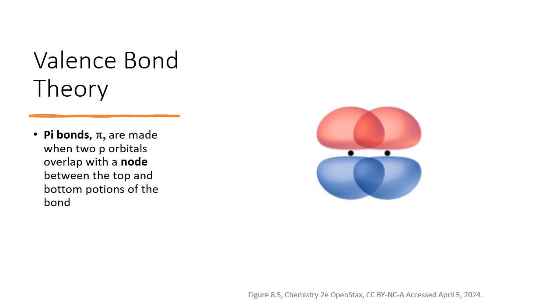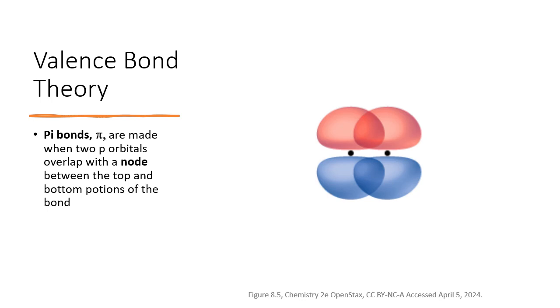The node is a plane going across the axis between the two nuclei, the bonding axis. The electrons are being described by probability here, so we're still looking at two orbitals overlapping, but they're jumping from one side to the next and not touching the node in the middle.